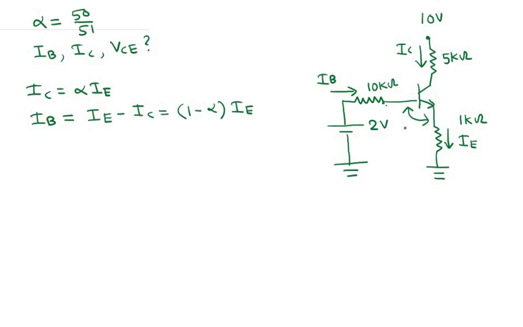Let me write it in the conventional way: the voltage across the base to emitter is VBE on for a transistor.